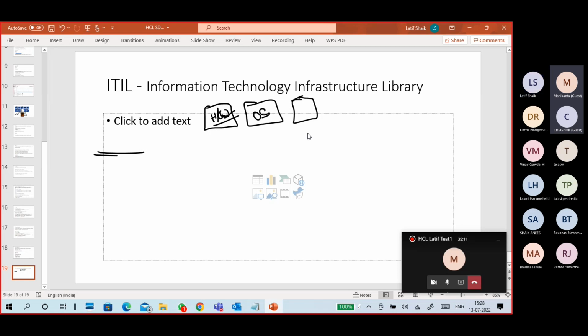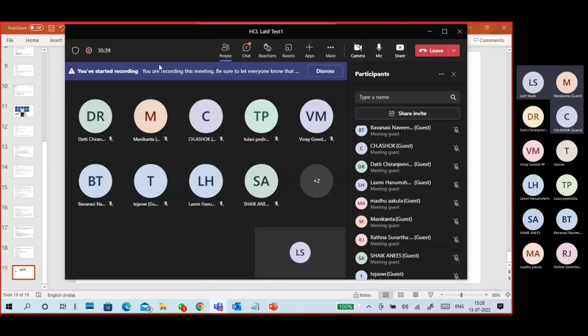Web browsing, YouTube, maybe playing games, applications or development, mail checking. I am conducting this meeting by use of applications, using Microsoft Teams.